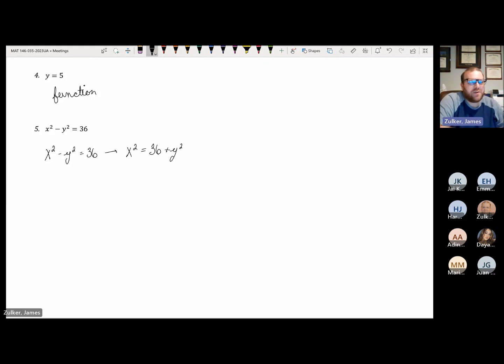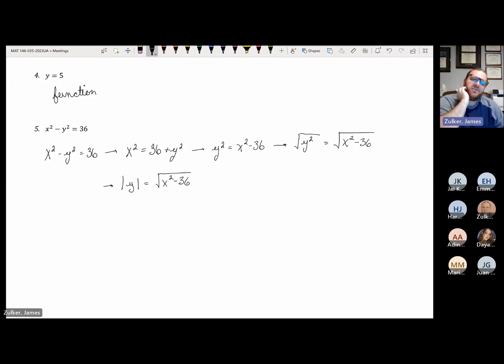First we'd add y squared to both sides, subtract 36 from both sides, and take the square root of both sides. That gives us that the absolute value of y is the square root of x squared minus 36.